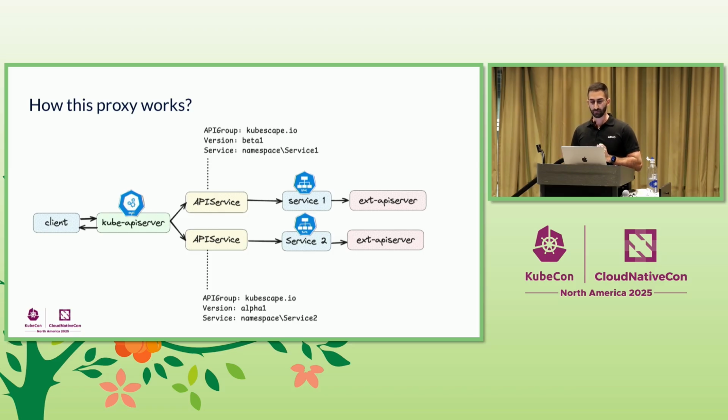Authorization is done at two ends: in the incoming request to the Kube API server, and also in your external API server. These RBAC checks are important because the client can communicate directly with the external API server, which is why it's needed.